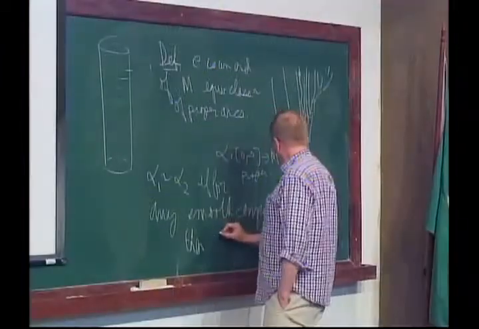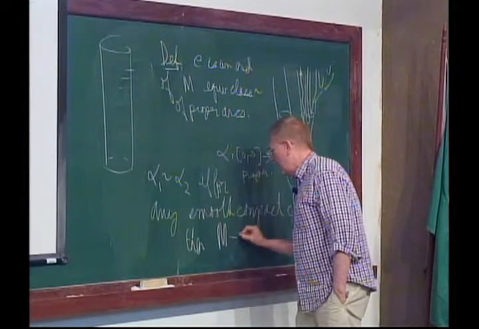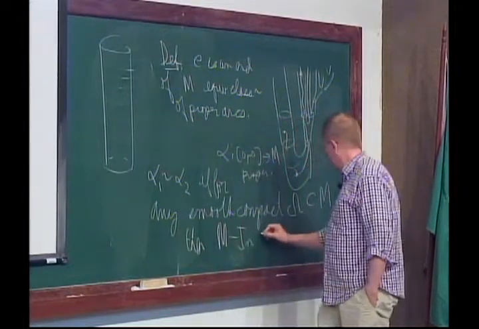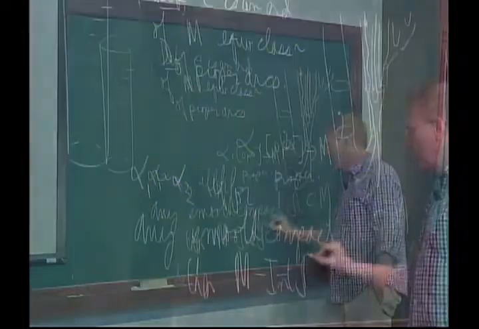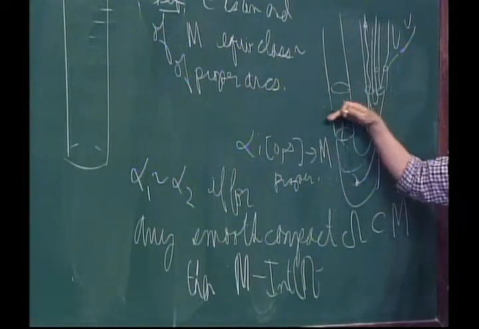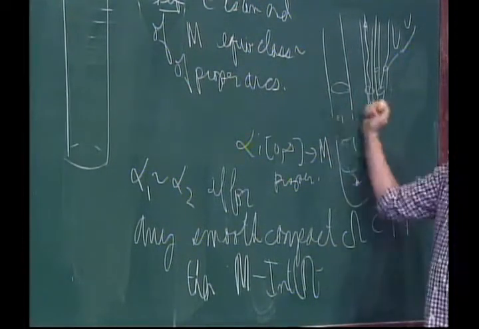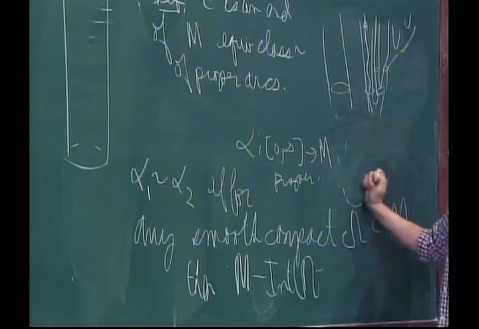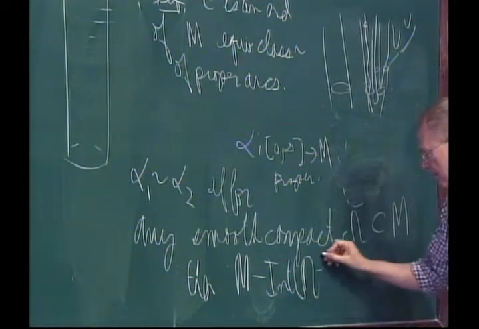then M minus the interior of omega, okay? So you remove some compact part of the surface, like this part.